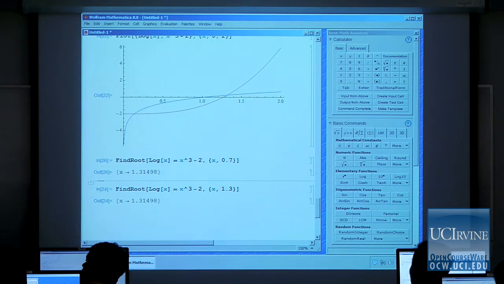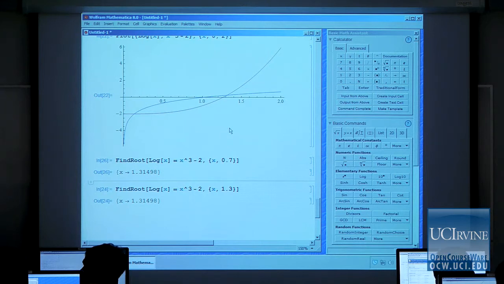So if you have closely spaced roots, you may find the wrong one if you don't know something about your functions, which you can do by making graphs. So this is a few examples on using solve, nsolve, and find root for a single equation.